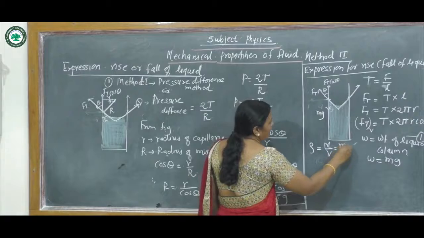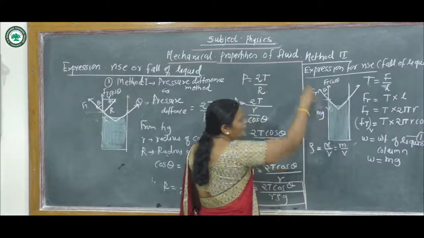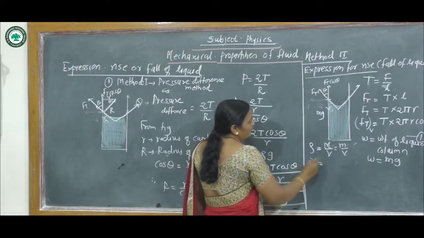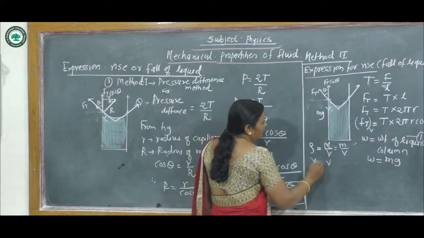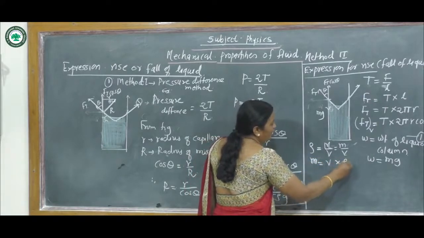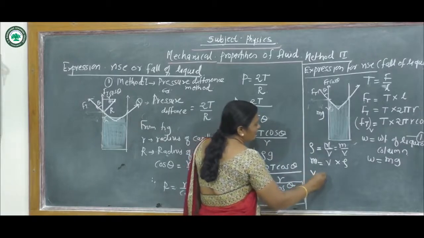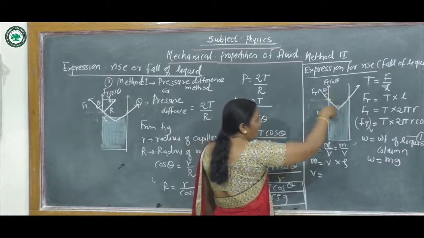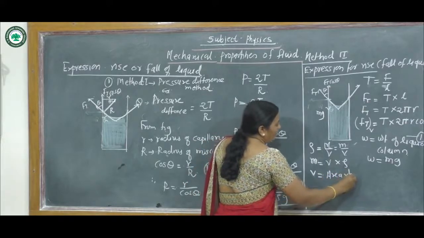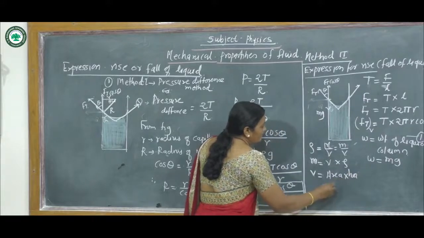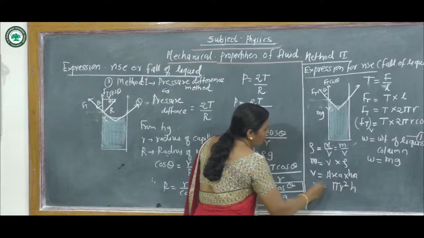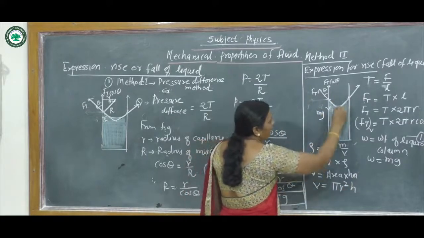Suppose mass is m and volume is v, and the density is rho. Then mass is equal to volume multiplied by rho, and the volume of this liquid column is area multiplied by height. The area is pi r square and the height is h, which gives the volume of this liquid column.